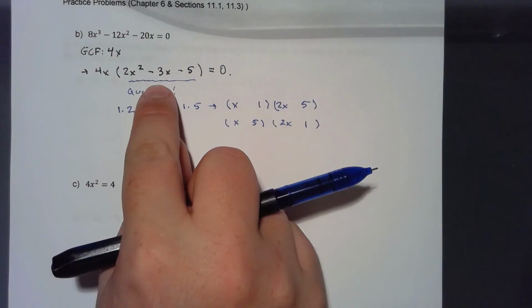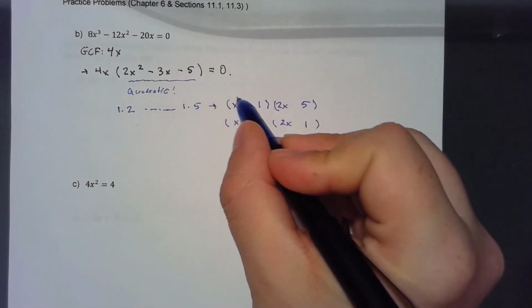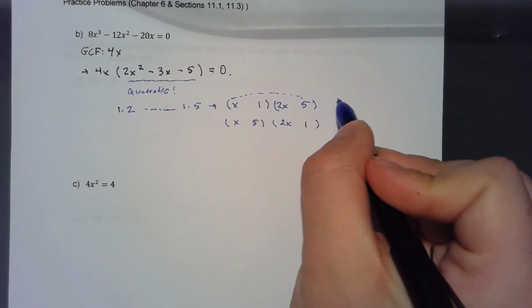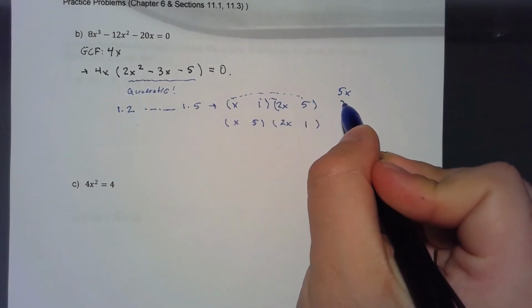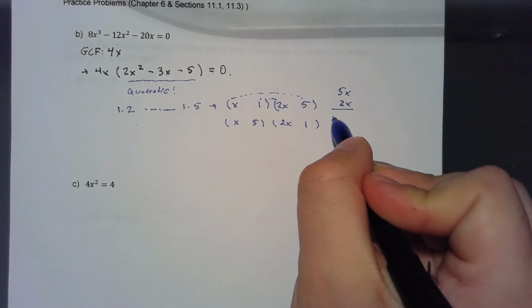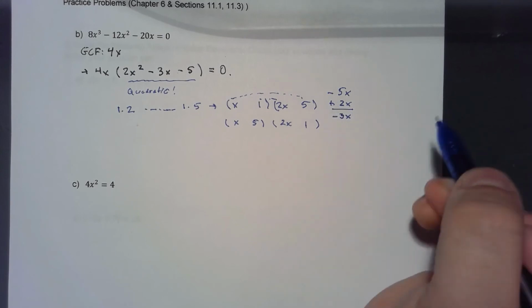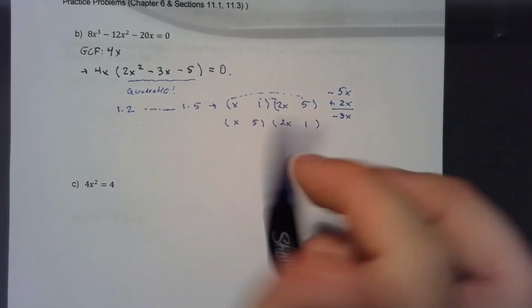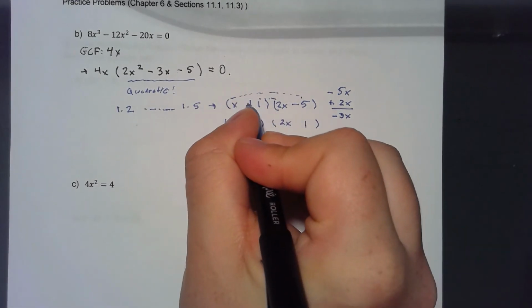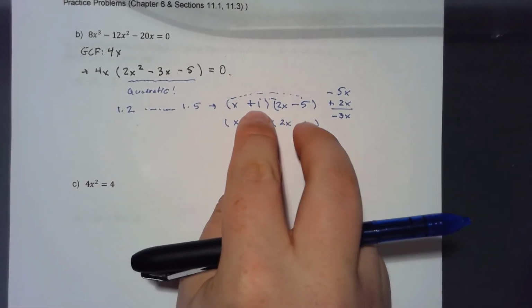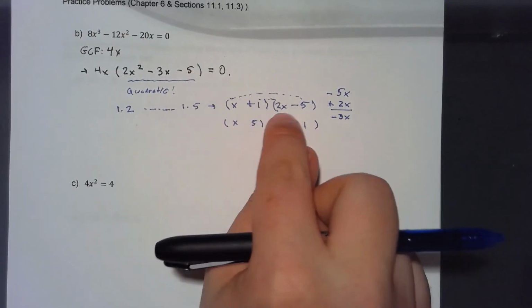It looks like the first one. That right there is 5x, and this right here is 2x. To get negative 3x, the 5x would be negative, the 2x would be positive. Since positive 1 times negative 5 is in fact negative 5, that works.